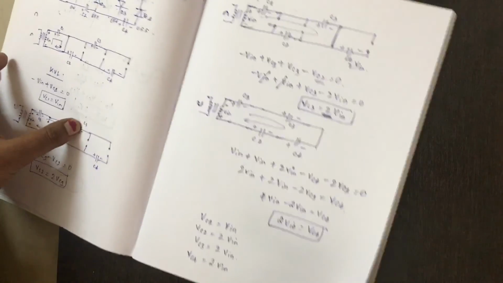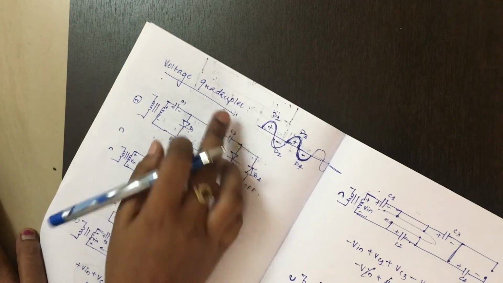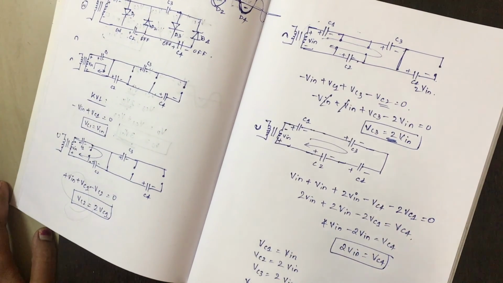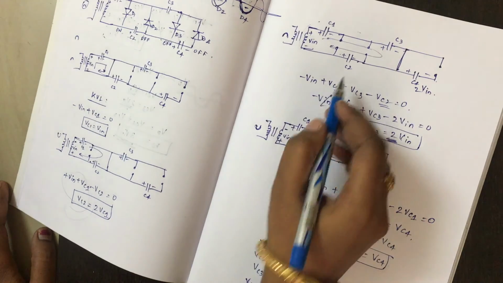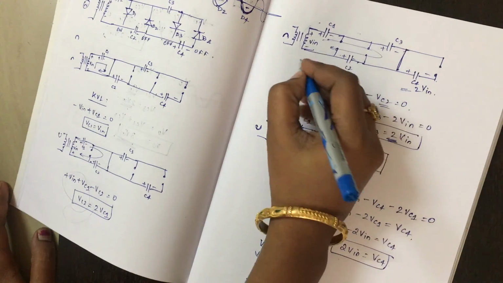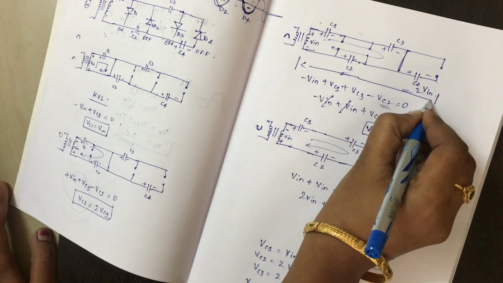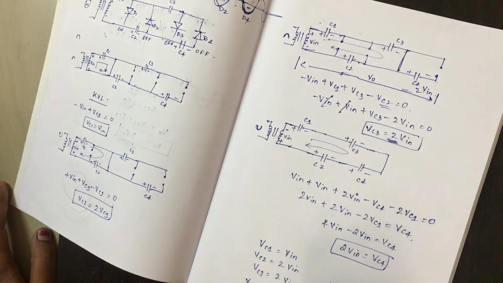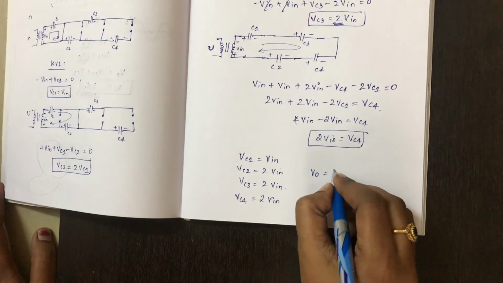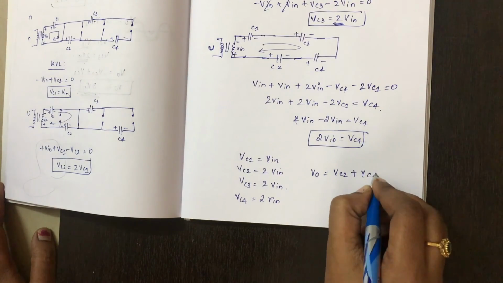But here this is a voltage quadrupler, so you need the output 4 times the input. So what you can do is take the output across capacitor C2 and capacitor C4 here. This part you can take as output. So the output here is Vout equals Vc2 plus Vc4.